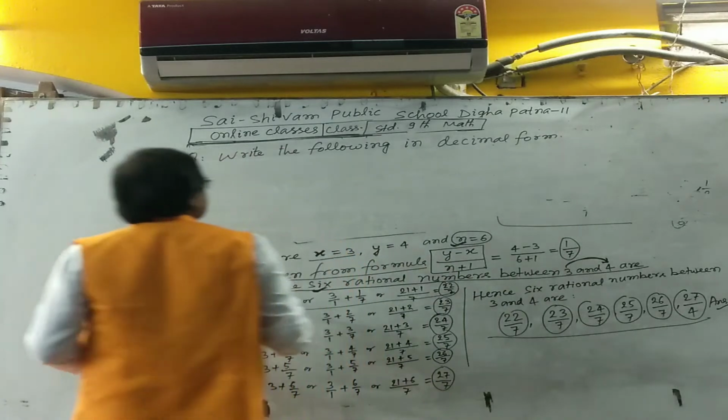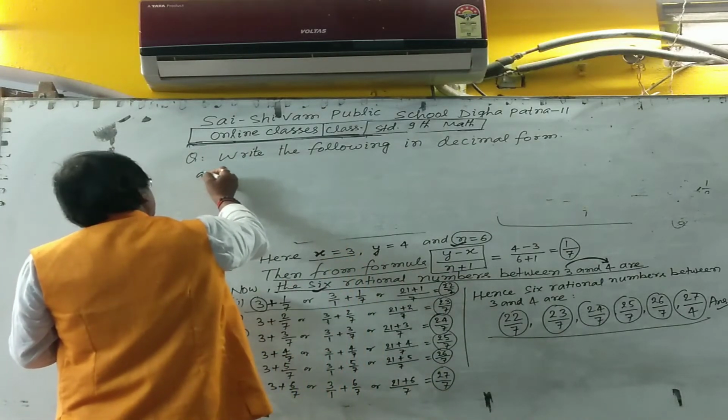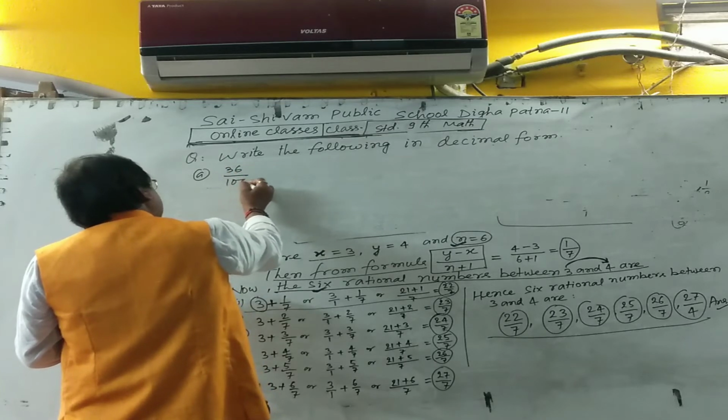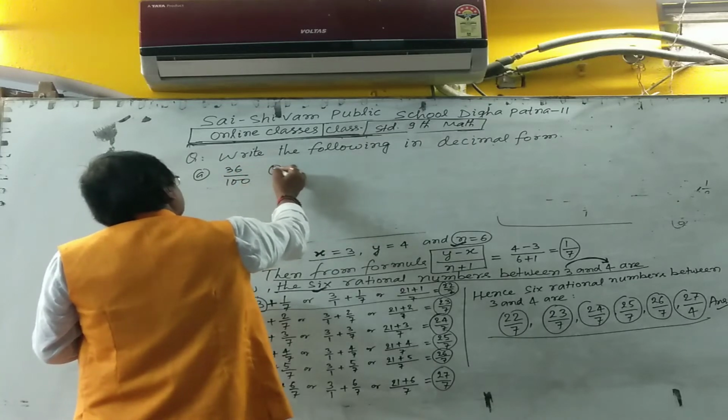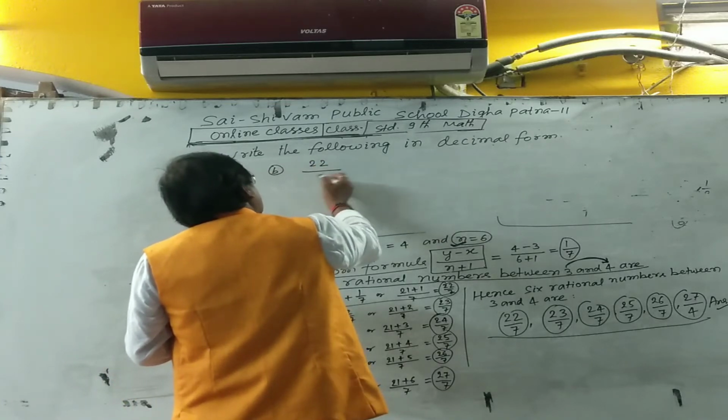We have to convert the following: A, 36 divided by 100. B, 22 divided by 1000.